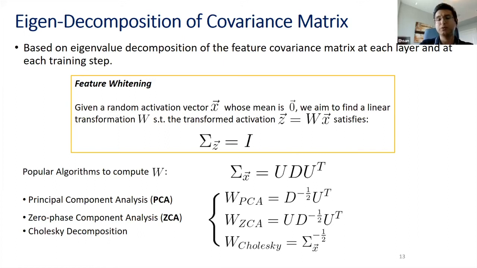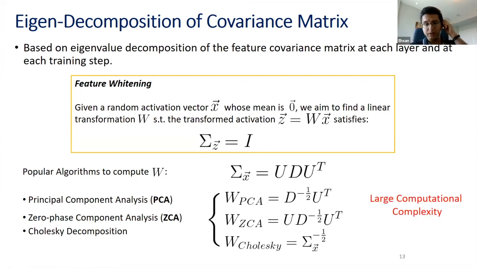For example, people have shown that using ZCA is better than PCA because it maintains the spatial correlation of our input data or our features. That's mainly because we take our X with this transformation, normalize our eigenvalues, and then take the inverse of that transformation. That's why it doesn't affect the spatial correlation of the original data.